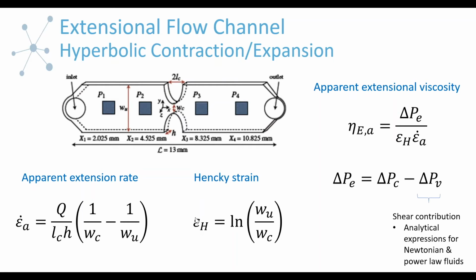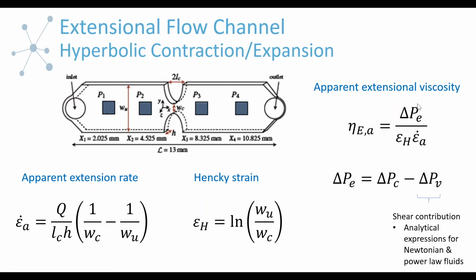It will also be dependent on what we referred to as the Hencky strain, which is basically the strain that the fluid element feels as it's in the middle of the flow channel. So with these parameters and then the pressure drop across that hyperbolic contraction, this is how the apparent extensional viscosity is calculated.